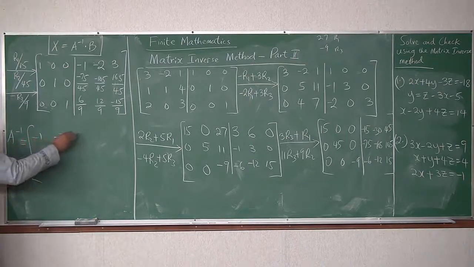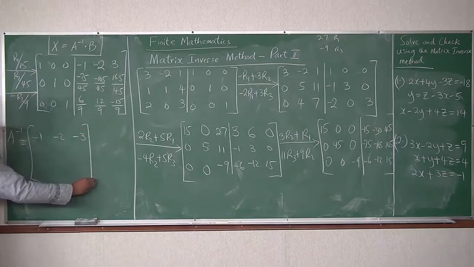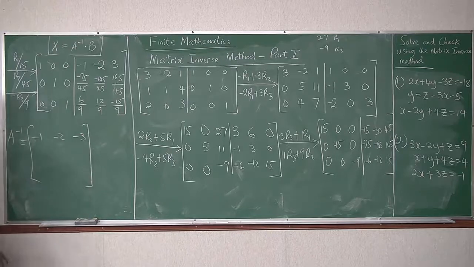Negative 1, negative 2, negative 3. 15 into 75 is what? 15 into 75 is 5, right? So this is negative 5 over 3. Okay, 15 into 45 is 3.